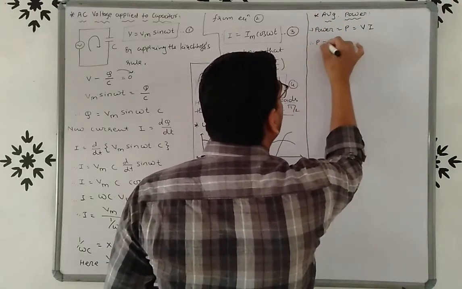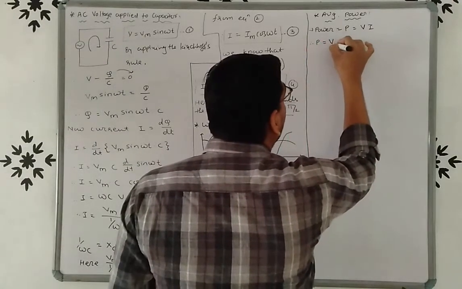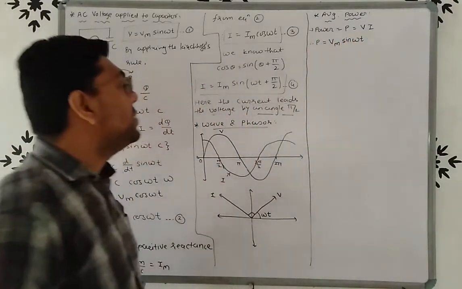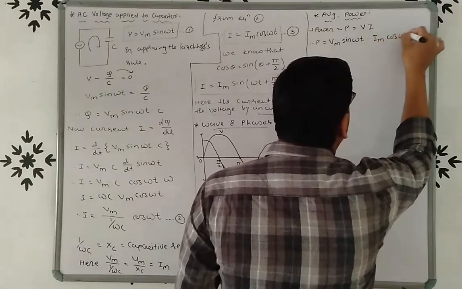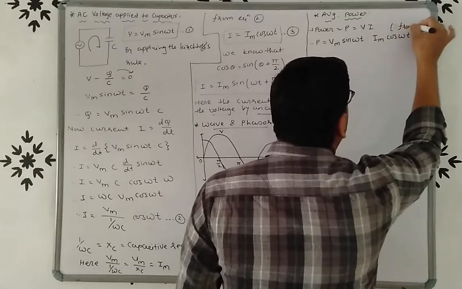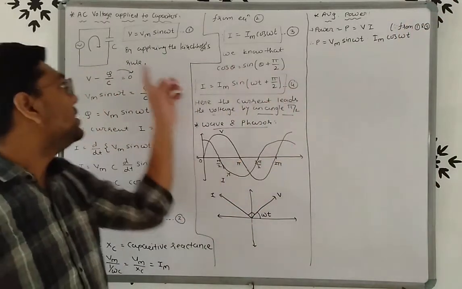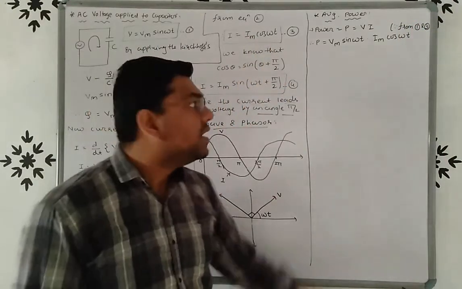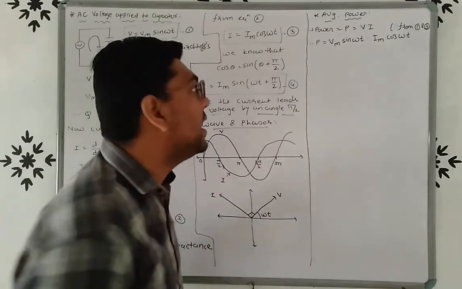So P equals the equation of voltage, V = Vm sin omega t, and the equation of current from equation 3, I = Im cos omega t. So this is from equations 1 and 3. So P = Vm sin omega t times Im cos omega t.